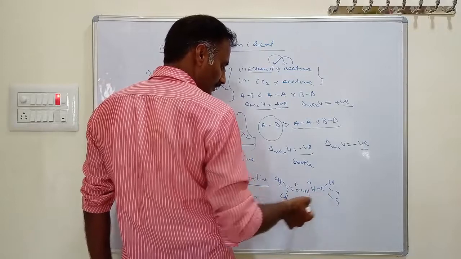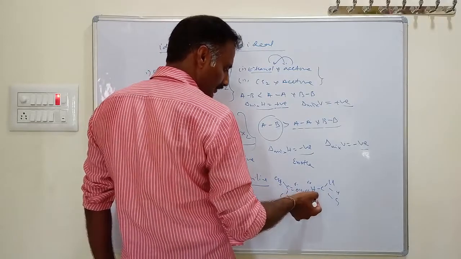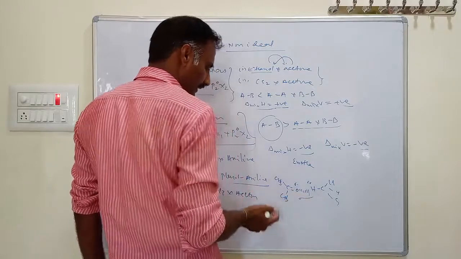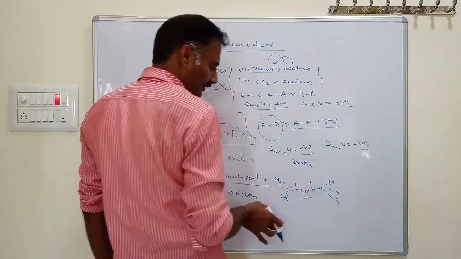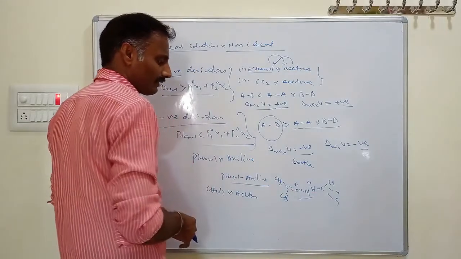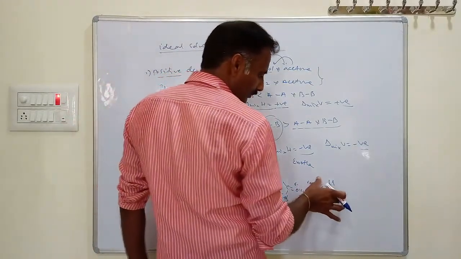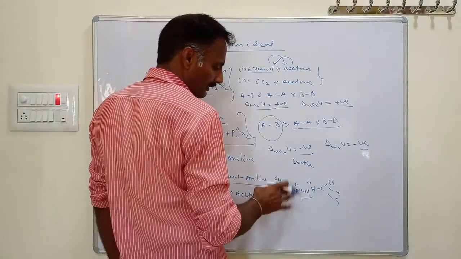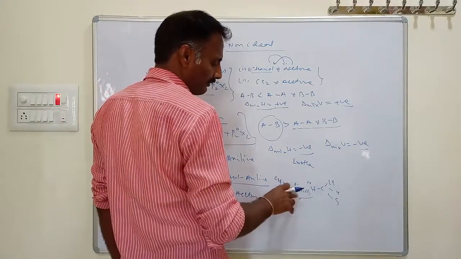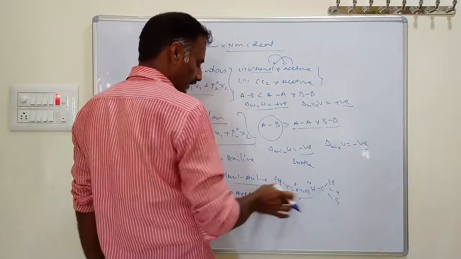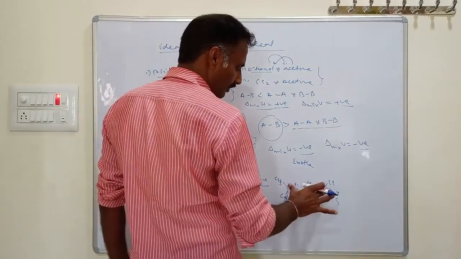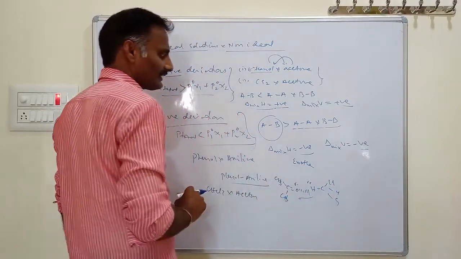By mixing chloroform and acetone, the hydrogen in the chloroform and the oxygen in the acetone are held by hydrogen bonds, and a hydrogen bond is stronger when compared to dipole-dipole interactions. Chloroform molecules alone have dipole-dipole interactions, which are less when compared to hydrogen bonds. That's why these two mixtures, phenol and aniline, and acetone and chloroform, show negative deviations.